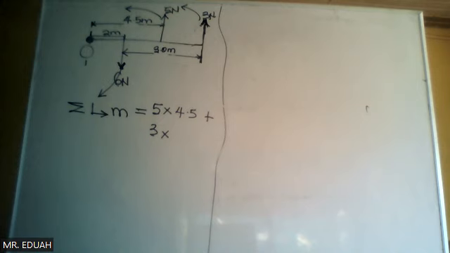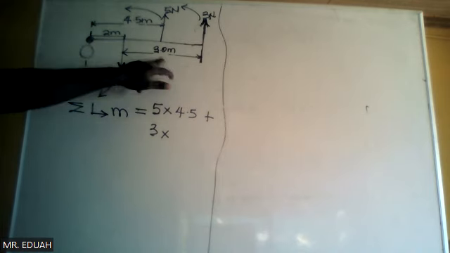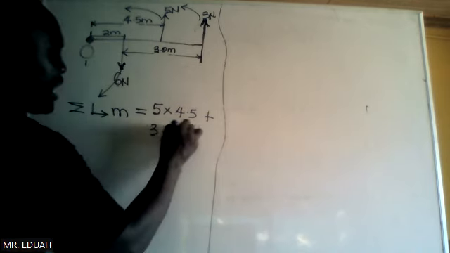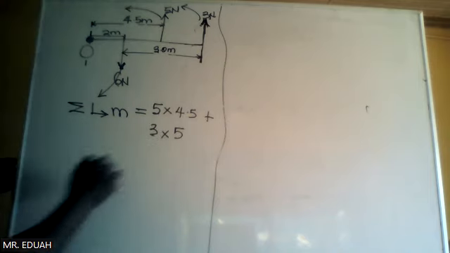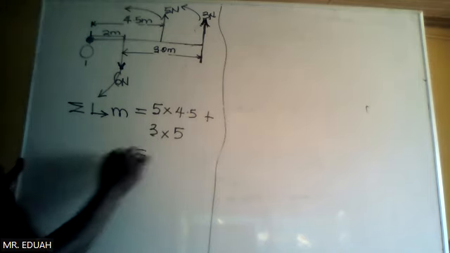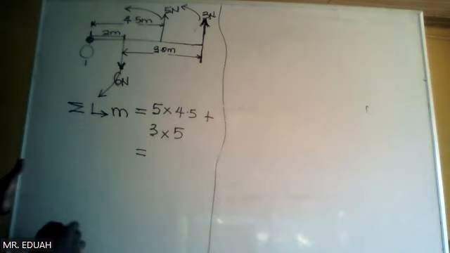Inshira? 5 meters. Good. So 2 plus 3, this is 5. So totaling 4.5 times 5.